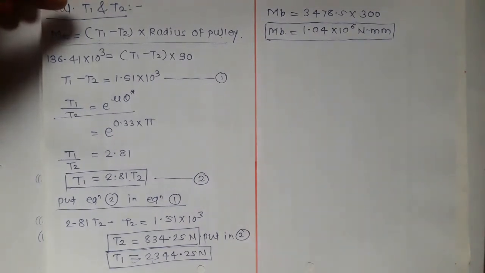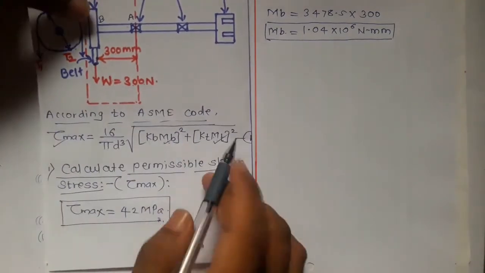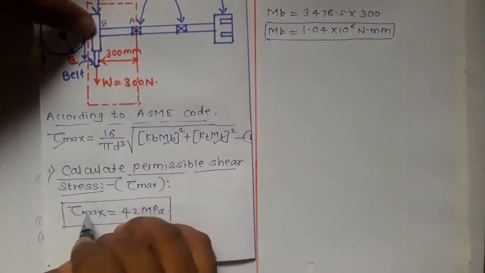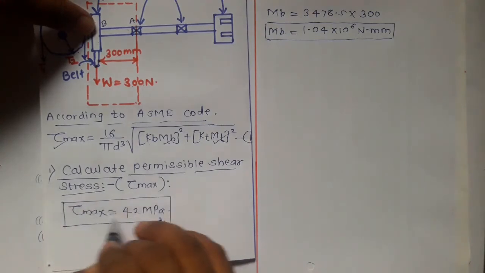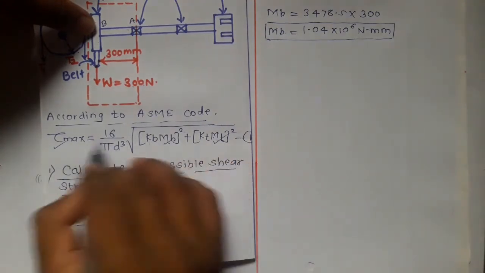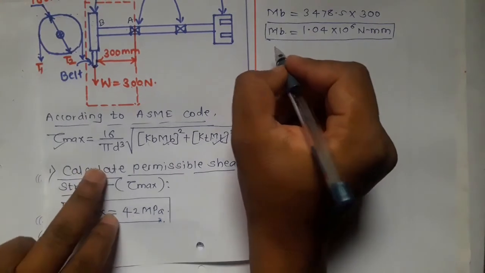Now we have to put this maximum bending moment Mb and Mt in equation number 1. First of all we put the value of tau max as 42 in equation number 1, which we wrote initially.